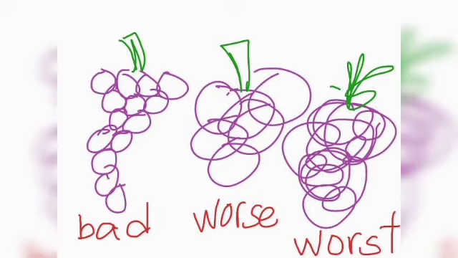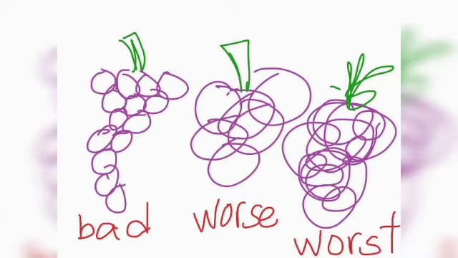I have taken the word bad to explain the sixth point. Now children, you can see in the picture that we have a bunch of grapes drawn here. In all the three pictures, look at the first one first of all. The first one looks bad. The drawing is not good. You can see it is bad.